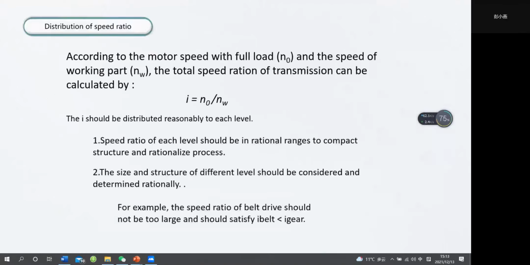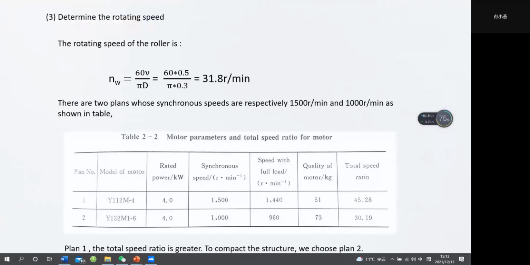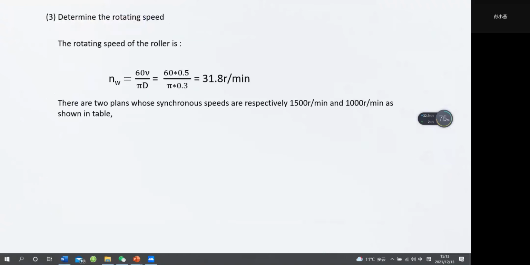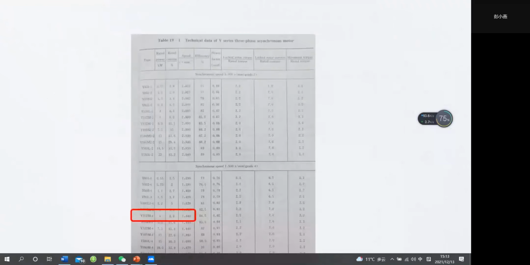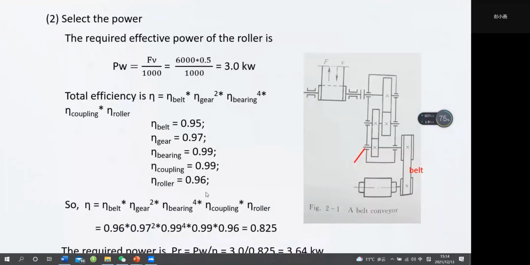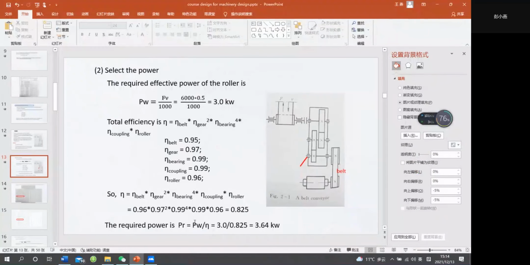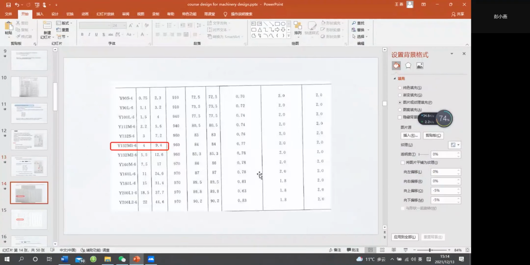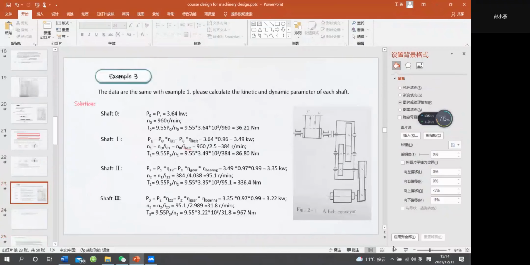Use the PR. Where is the PR? Calculate PR. There. PR is the required power of the working part divided by the total efficiency. PR is the P0.